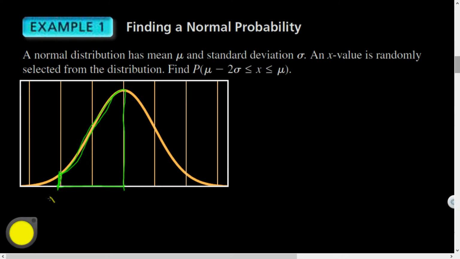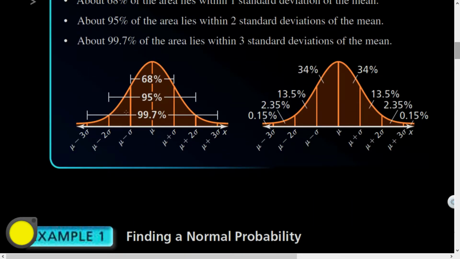My boundaries are mu minus 2 sigma all the way up to mu. So if I want to find the percent that lands between those, I know that two standard deviations below and above is 95%. So what would I do if I just wanted below?